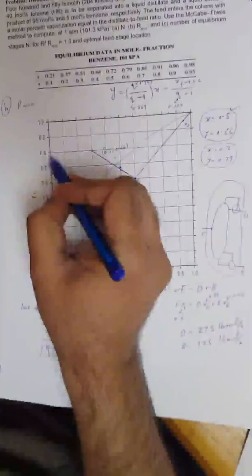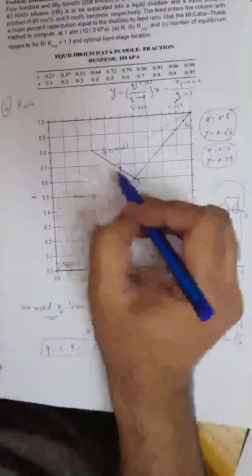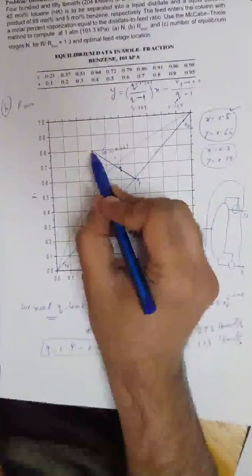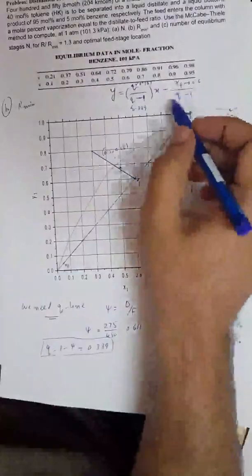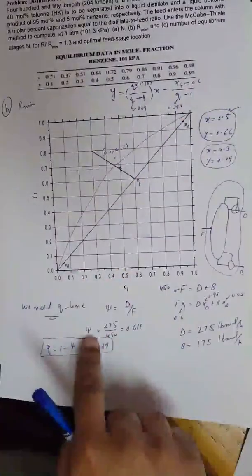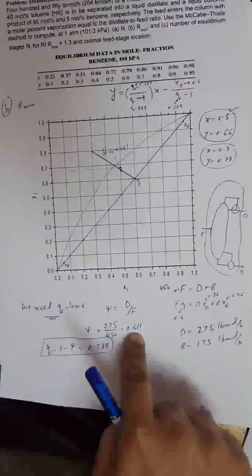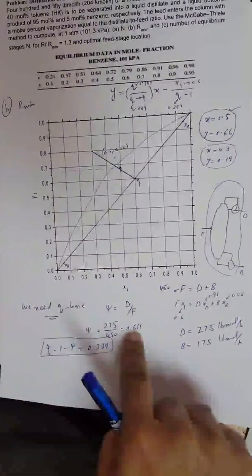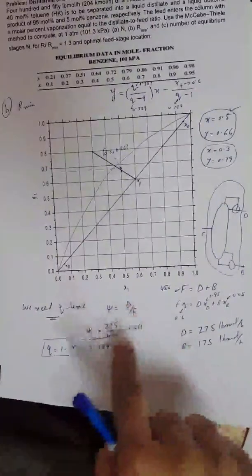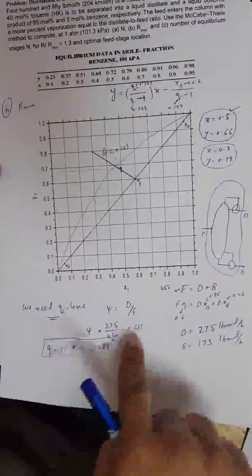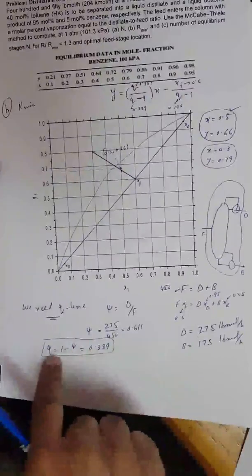I don't have in-between scales, that's why I don't know whether this is exactly 0.79 or not. So this is how we can draw the Q line. All information is known. Psi in this problem is given from the problem, and once we get the psi, we can get the Q.